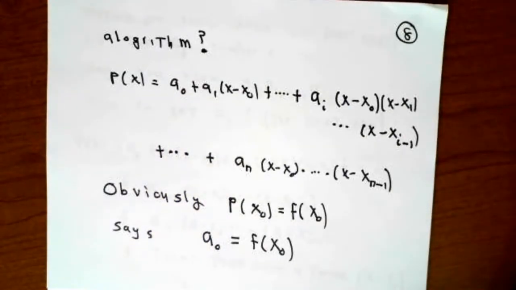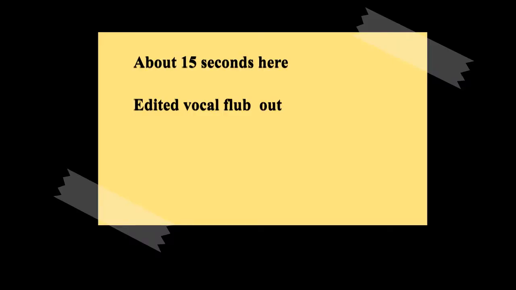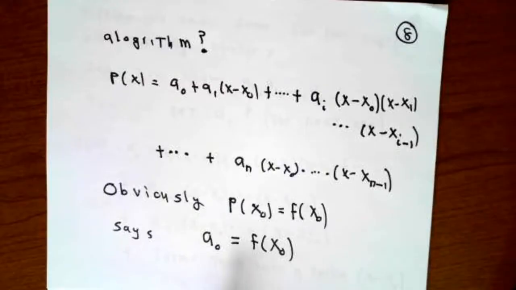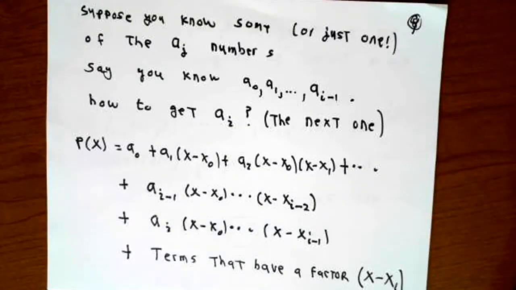So to get started, to make your algorithm begin, you'll notice that a0 is nothing but the function value at x0. That tells us that a0 is f of x0. We get a0 at no cost.